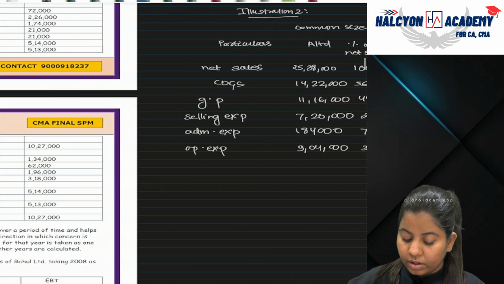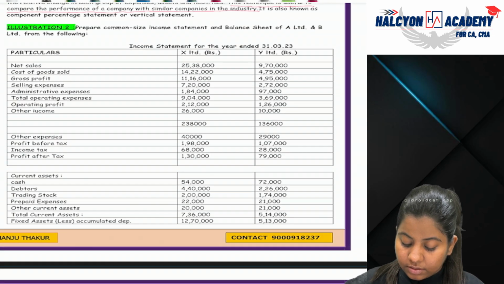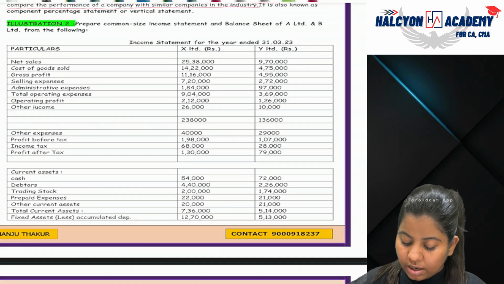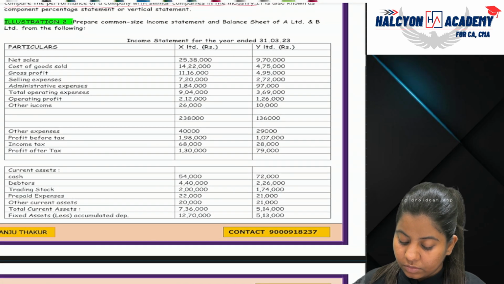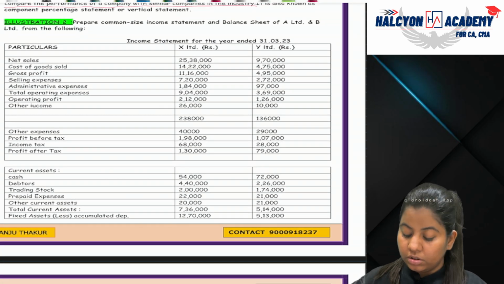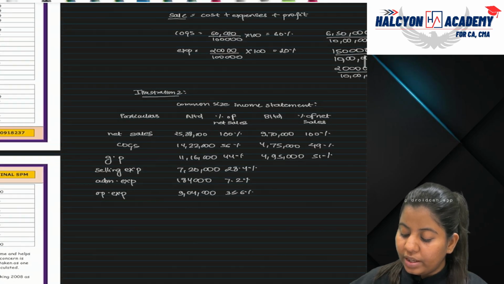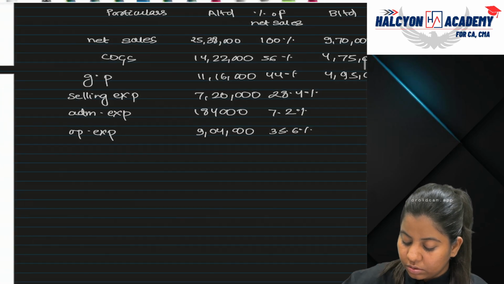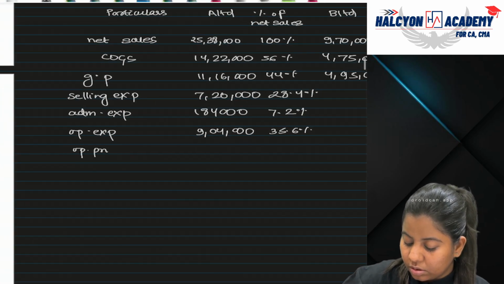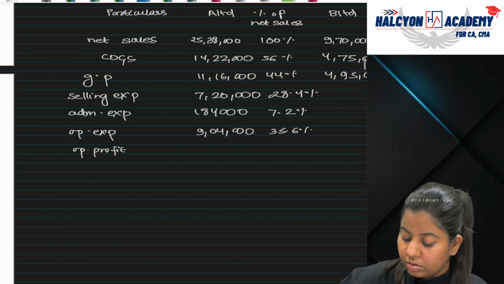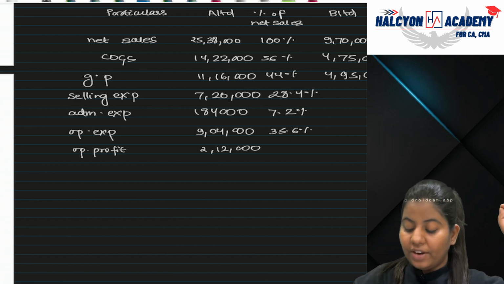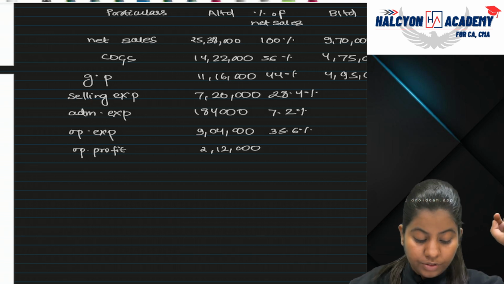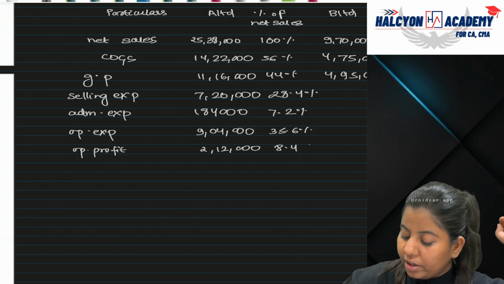Then next is, sorry, operating profit. Operating profit is 2,12,000. So 2,12,000 divided by 25,38,000 will be 8.4%.